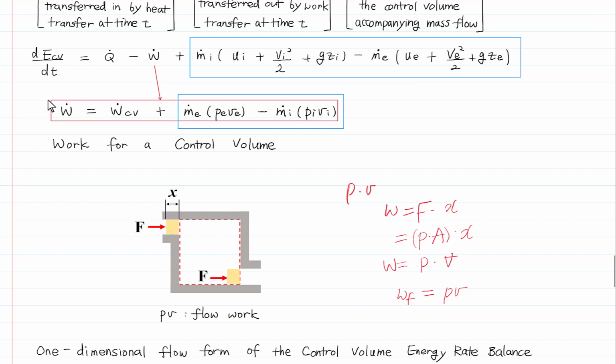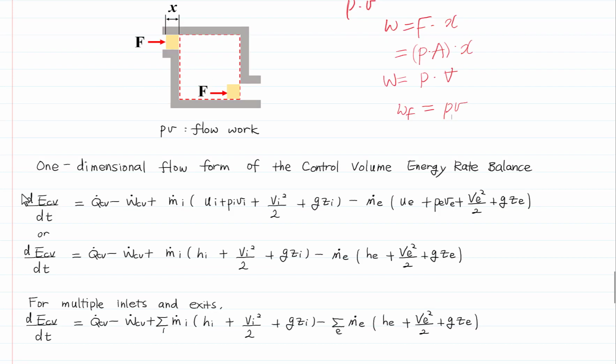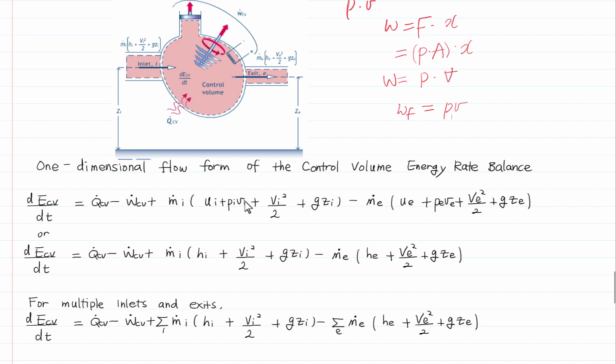The work for the open system has two parts: flow work and all other energy transfer by work, such as electrical work and shaft work. And based on these two relations, we can write these equations. So internal energy, flow work, kinetic energy, and potential energy.